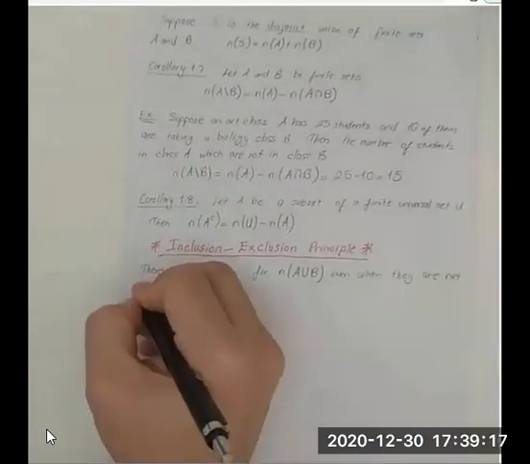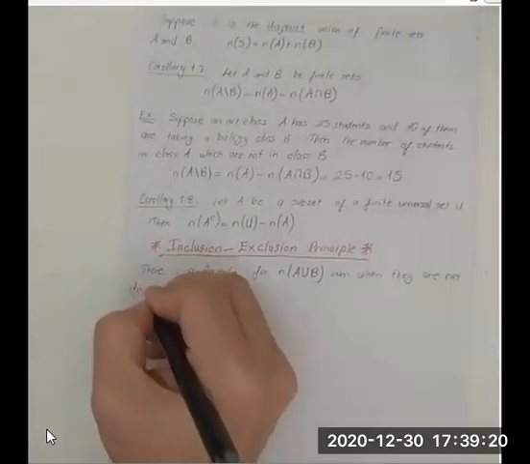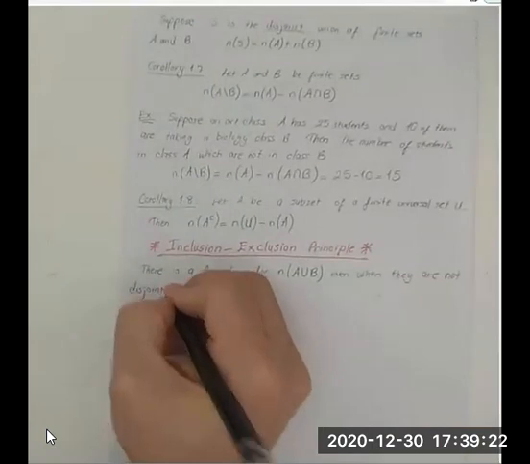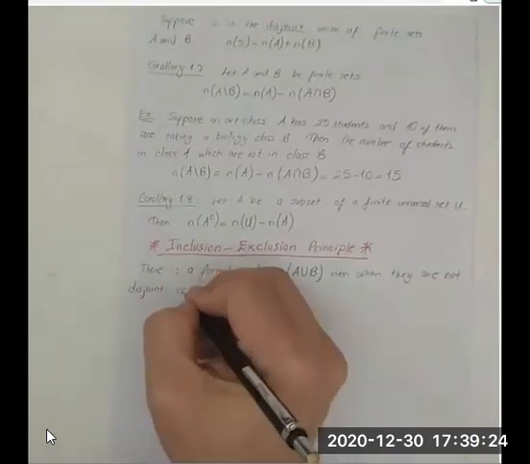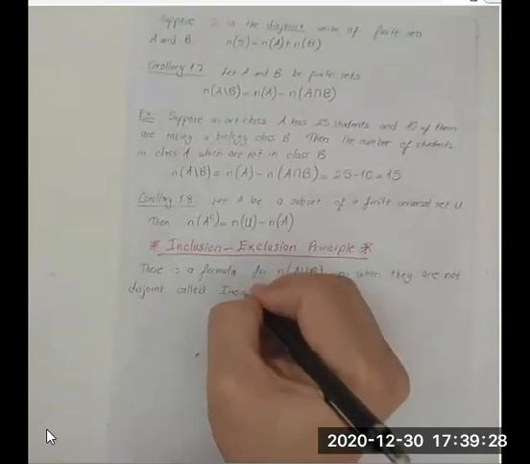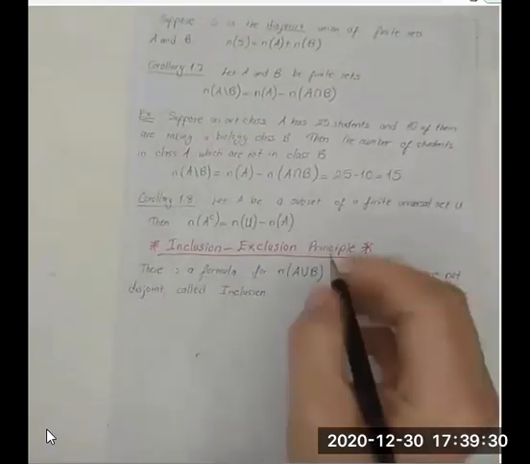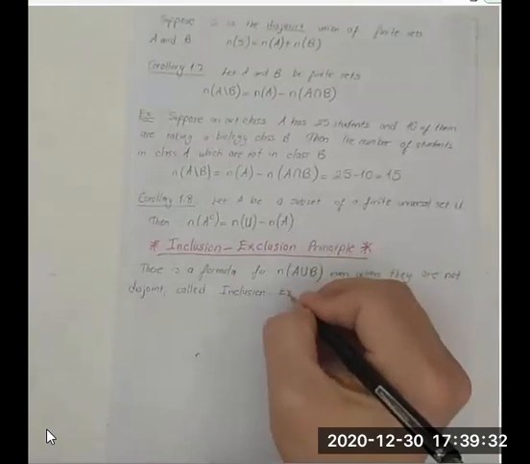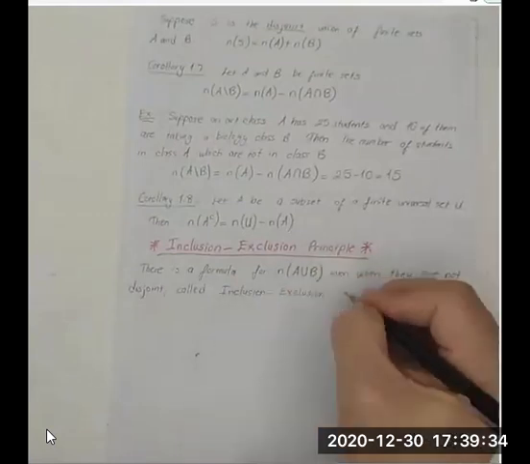You know the meaning of disjoint, right? It is called the inclusion and exclusion principle.